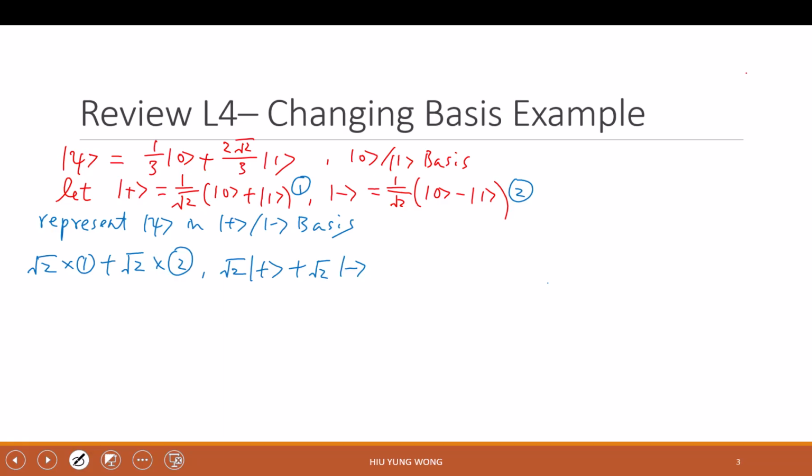So then it means this one equals |0> plus |1> plus |0> minus |1>. Do you see that? Let me repeat again. I multiply left and right by square root 2. So this is square root 2 plus, and this is square root 2 minus. I add these two together, so |0> plus |1> plus |0> minus |1>.